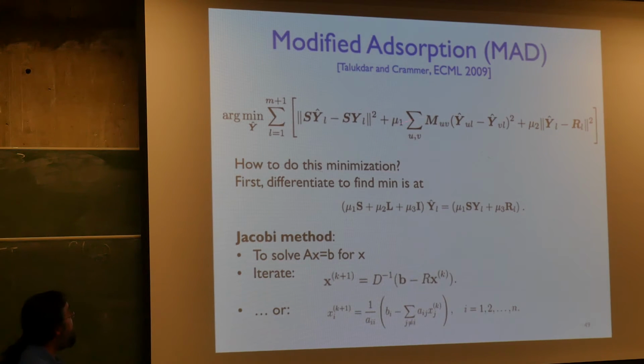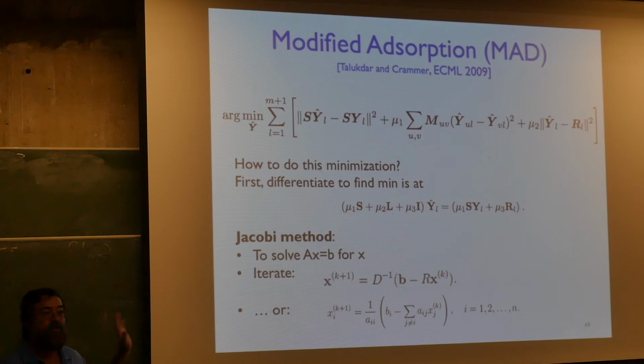To do this minimization, I didn't talk too much about how you do this. For the harmonic function, there was an iterative algorithm which looked a little bit like PageRank. For the multi-rank walk, there was random walk with reset, personalized PageRank. At this point, you have the tools.